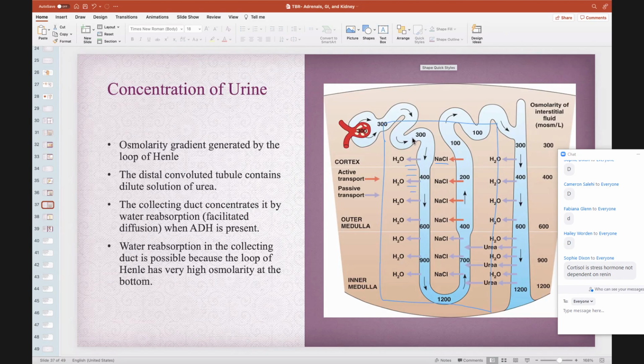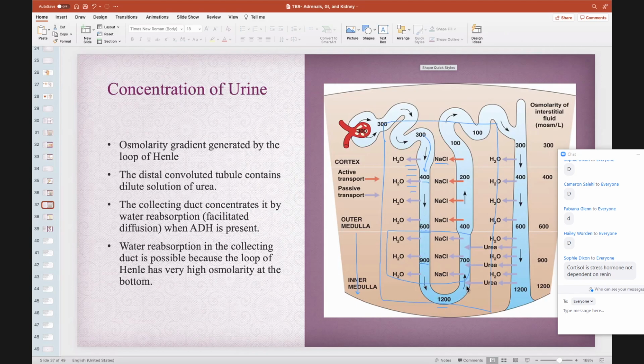As it counteracts that, because we're extracting water from the filtrate here, the filtrate becomes more and more concentrated. And these open channels are going to balance out this interstitial space. The inner medulla and the outer medulla are going to try to balance out with what's inside the filtrate. So at the very bottom, we're at 1200, right?